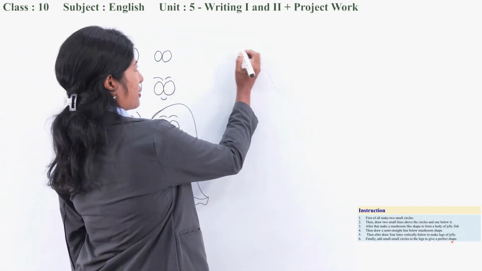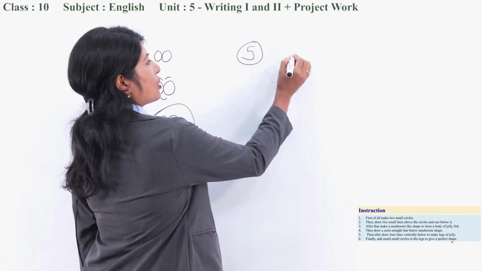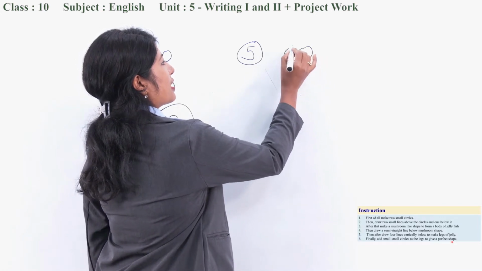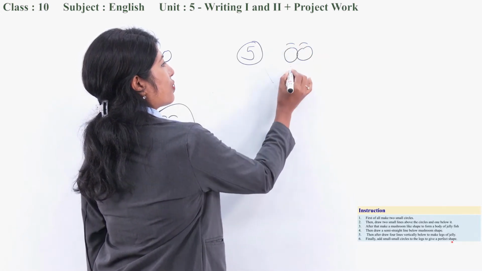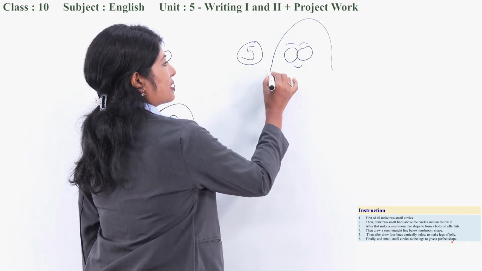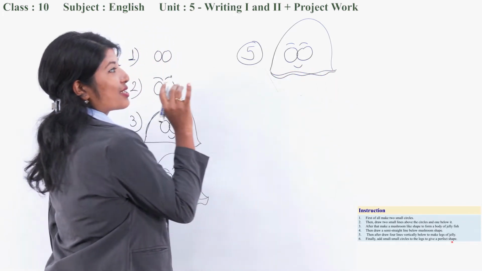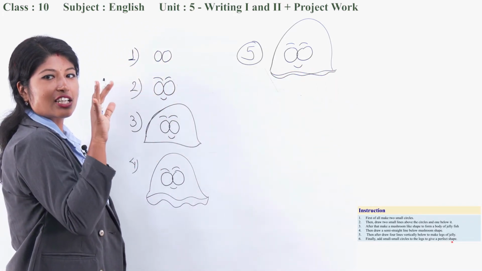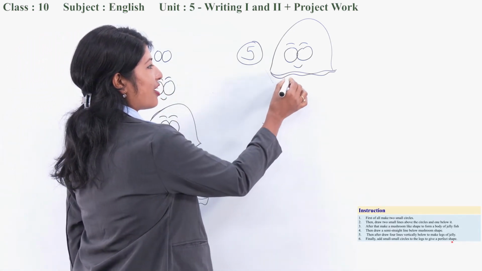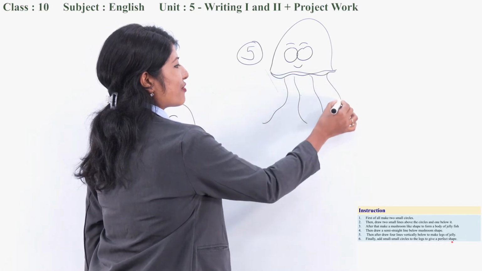And then fifth one is, what is the fifth instruction? Two semicircles are already there, two lines above, one below, mushroom like shape, one curved line. The fifth instruction is draw four lines vertically. 1, 2, 3, 4.